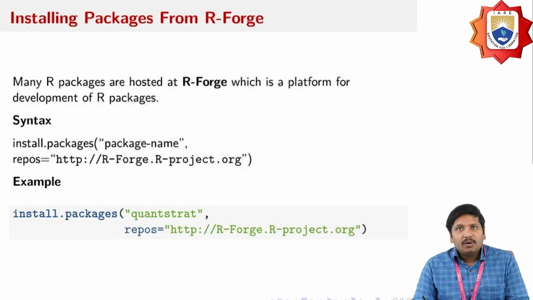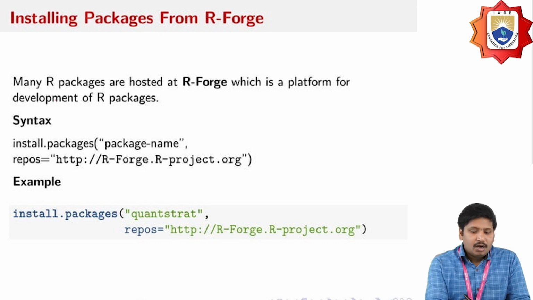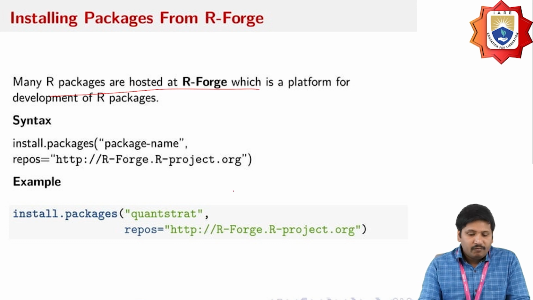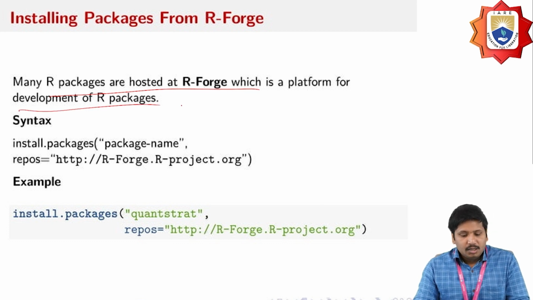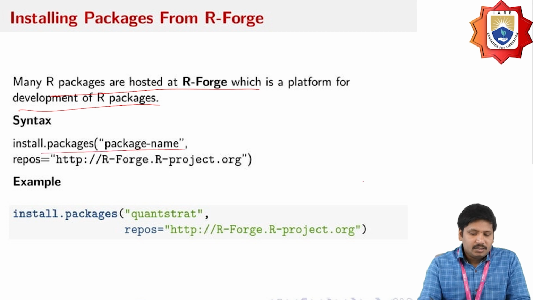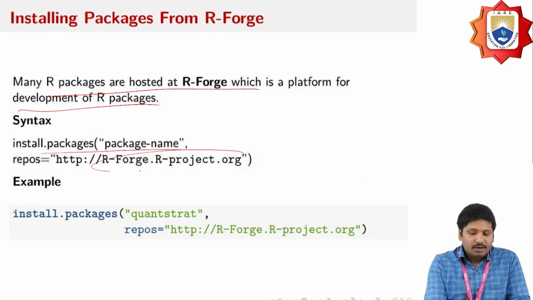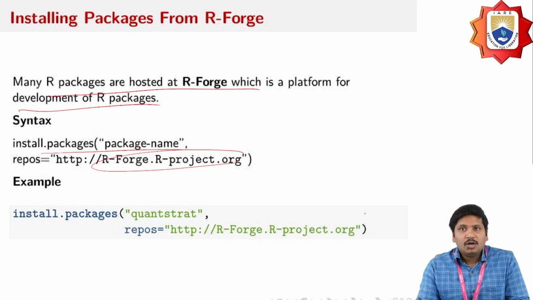And the next one is how to install this package from RForge. Many R packages are hosted by RForge, which is a platform for the development of R packages, and we have to install the package by specifying the package name and the repository, like rforge.rproject.org.